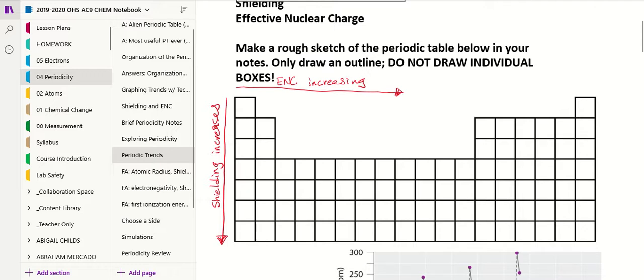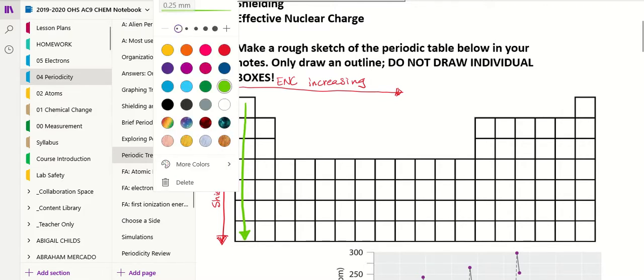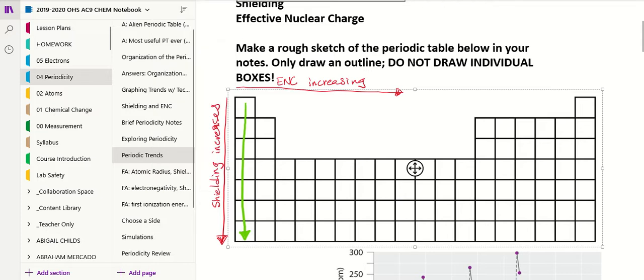What about atomic radius? What happens as we go down a group with atomic radius? It gets larger. Why?